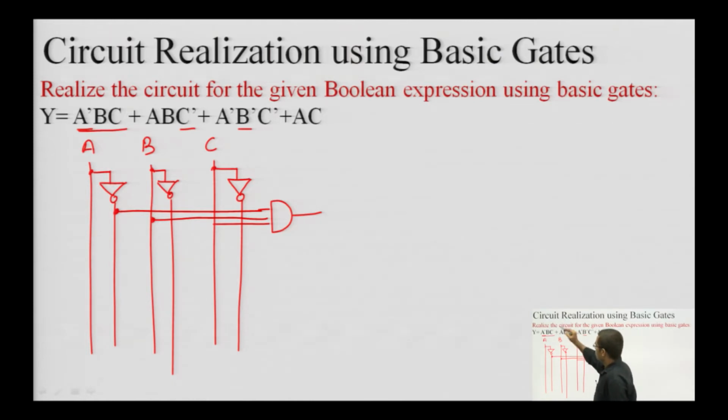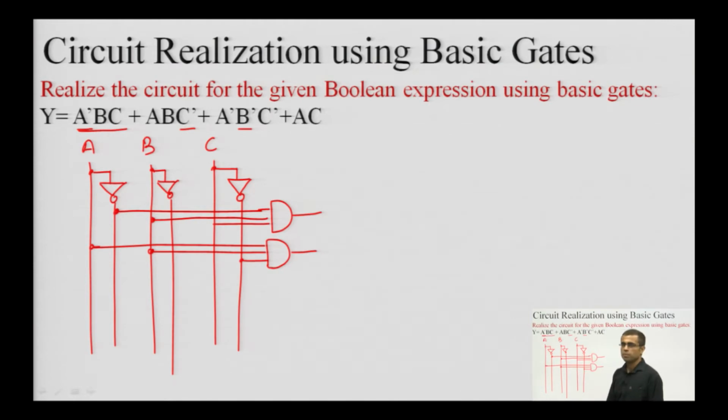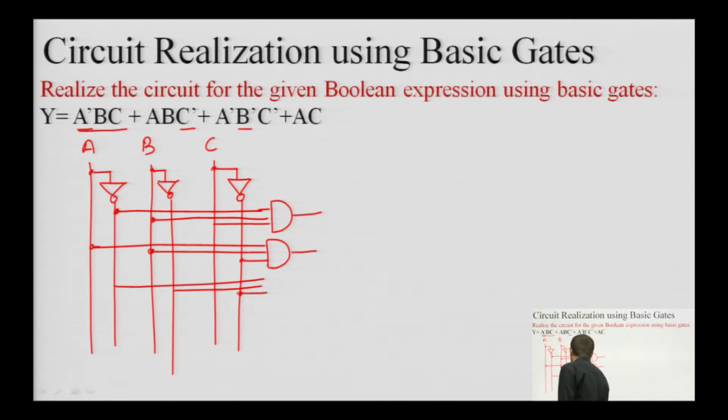Similarly, the next product is the product of A, B and C bar. So, this is A, this is B and C bar will be taken from here. So, this generates my second product. Similarly, the third product is A bar, B bar and C bar.